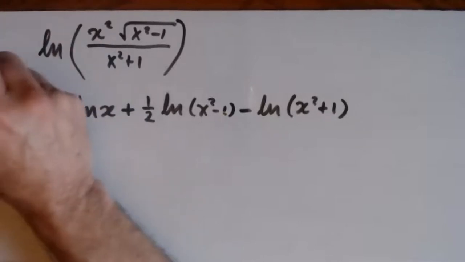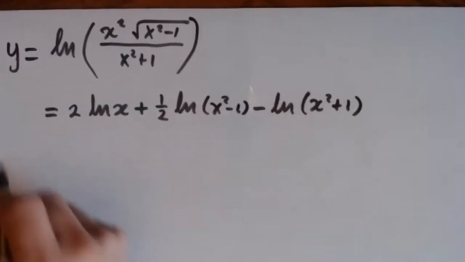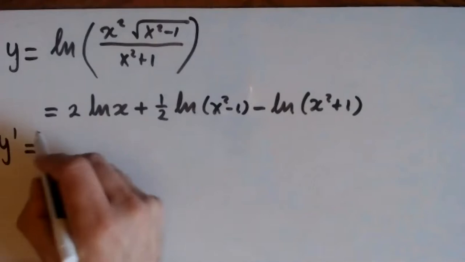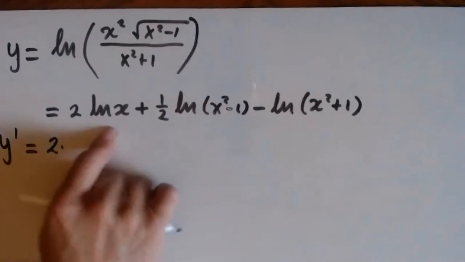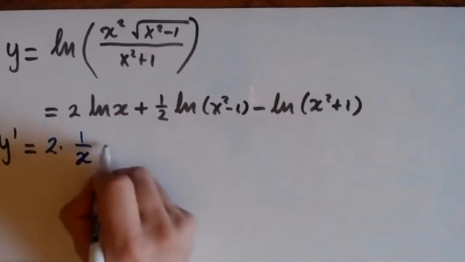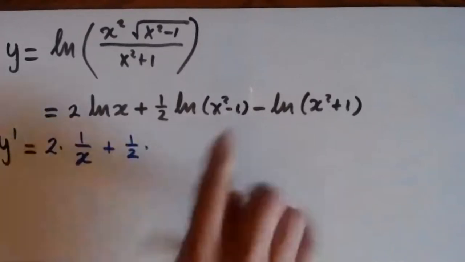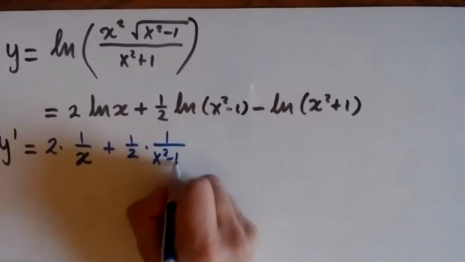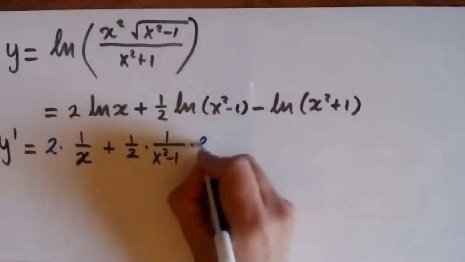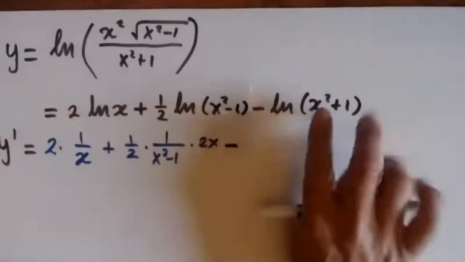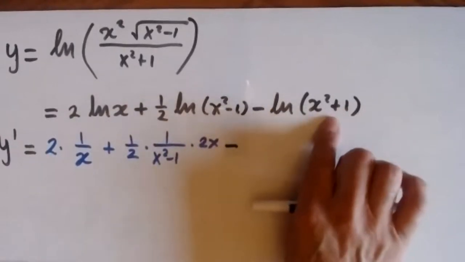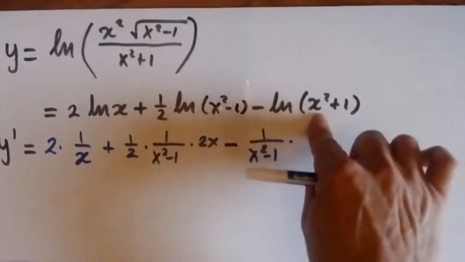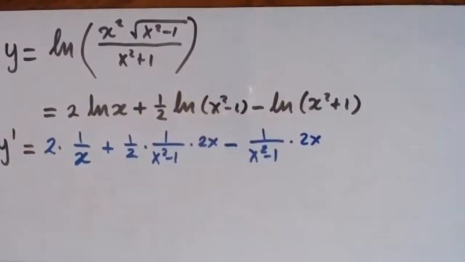So if this is y equals, right, y prime is, and this is the only calculus we're going to use: twice the derivative of this, 1 over x, plus 1/2 times the reciprocal, 1 over x squared minus 1, times the derivative of this expression, 2x, minus the reciprocal, 1 over x squared plus 1, times the derivative of x squared plus 1, 2x.